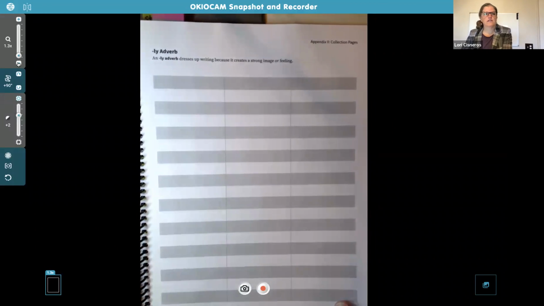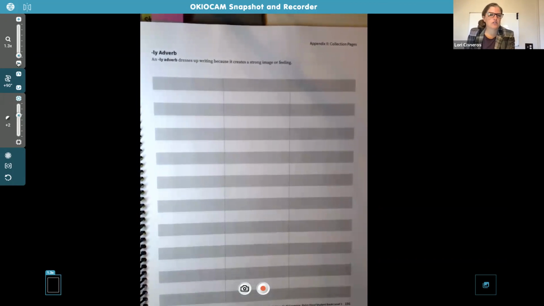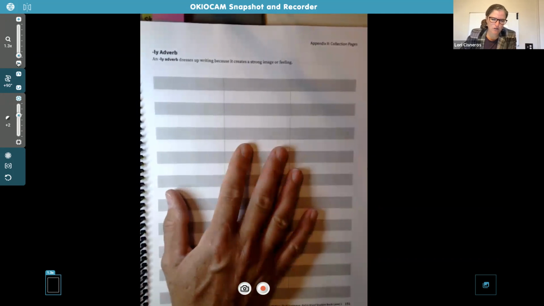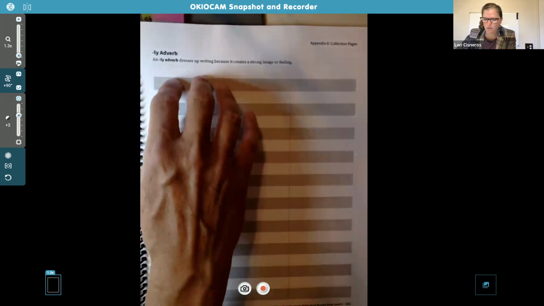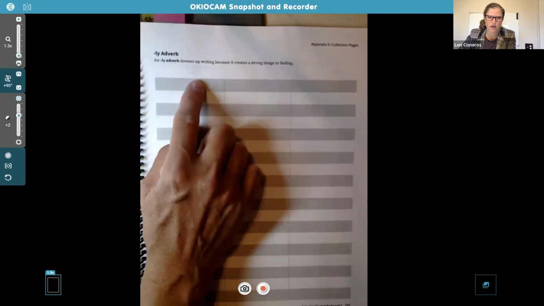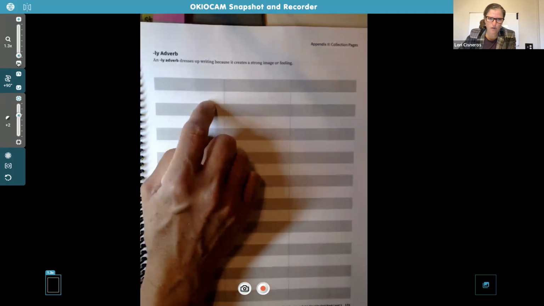There is a handy dandy place to make an adverb list, and it's handy because it's in your book. It's suggesting as you go, you make a master list, and every other row is grayed out. You can write on the gray and on the white.